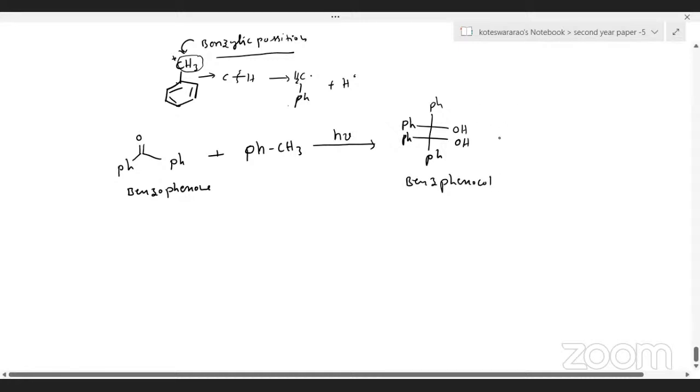At the same time, the benzyl-substituted diphenyl methanol is generated.